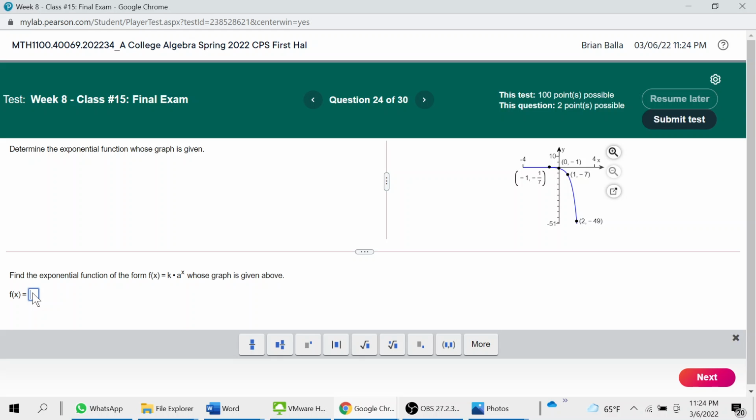Okay. Find the exponential function of the form k equals ax with the equation above. I'm gonna use my graphing calculator for this. -1, 0, 1, 2. -1/7, -1, -7, -49.